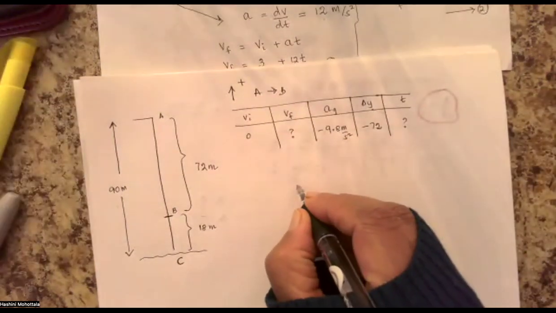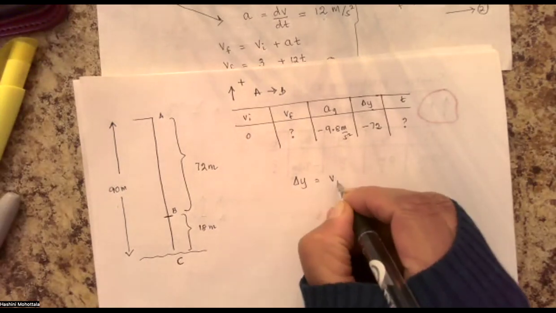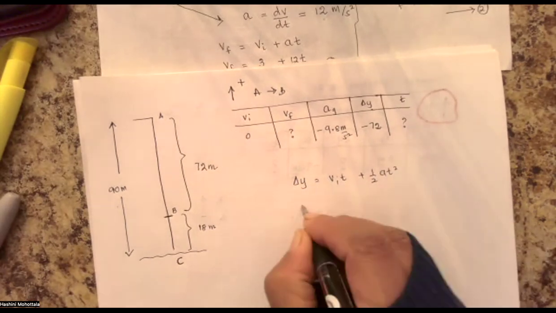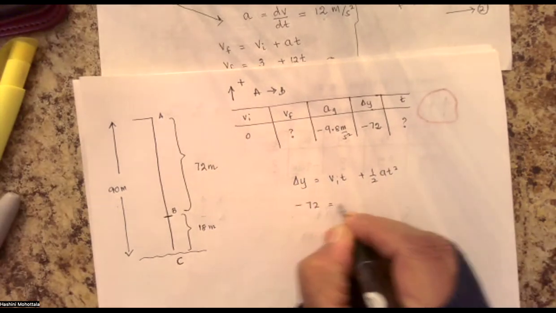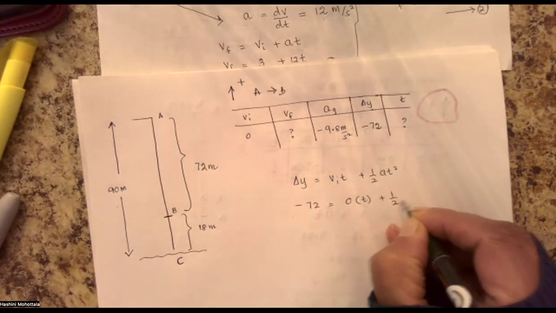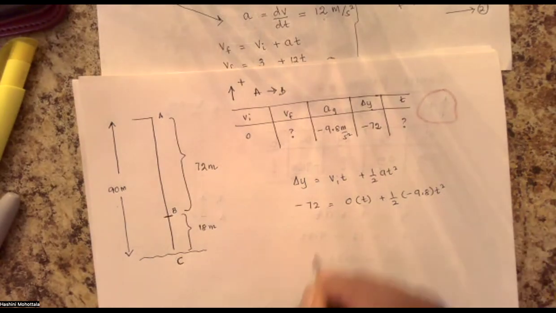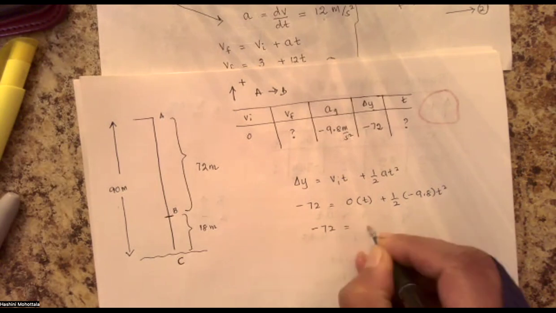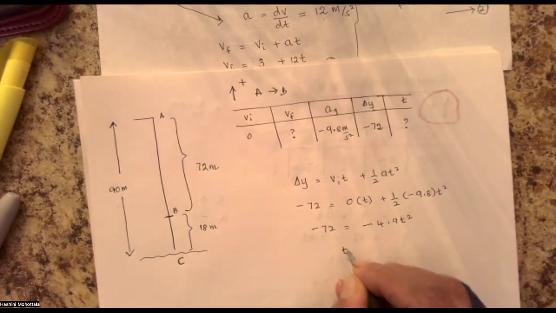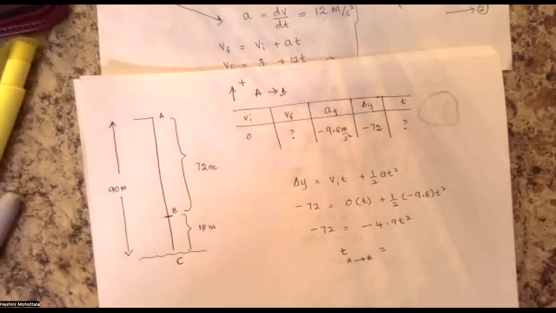So I am going to use the second equation, delta y equals v initial t plus 1/2 a t square. There you have negative 72. Initial velocity is 0 times t plus 1/2 negative 9.8 and t square. So negative 72 equals negative 4.9 t square. And there t from A to B, I get an answer.